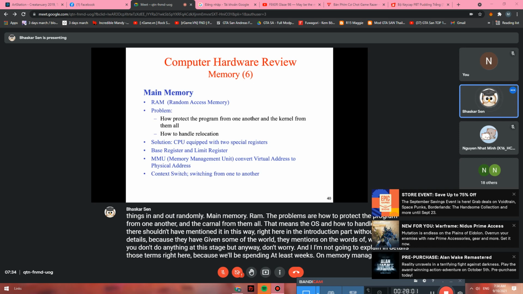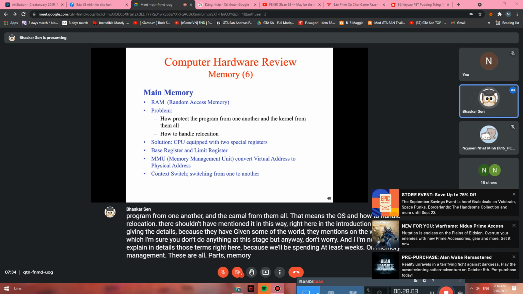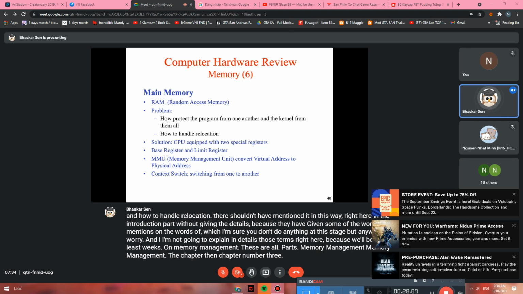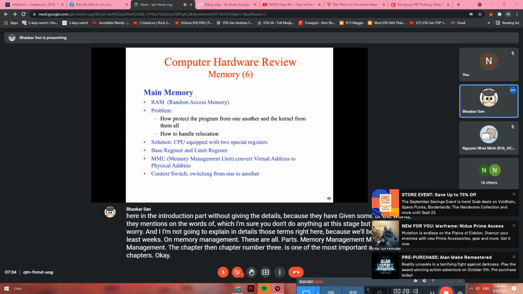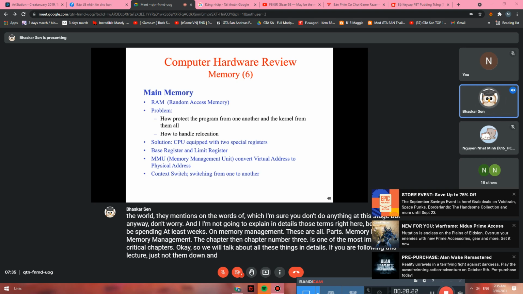These are all parts of memory management. Memory management, chapter number 3, is one of the most important and critical chapters. So we will talk about all these things in detail. If you are following this lecture, just note them down, and you can take note that we will talk about this in more detail later.